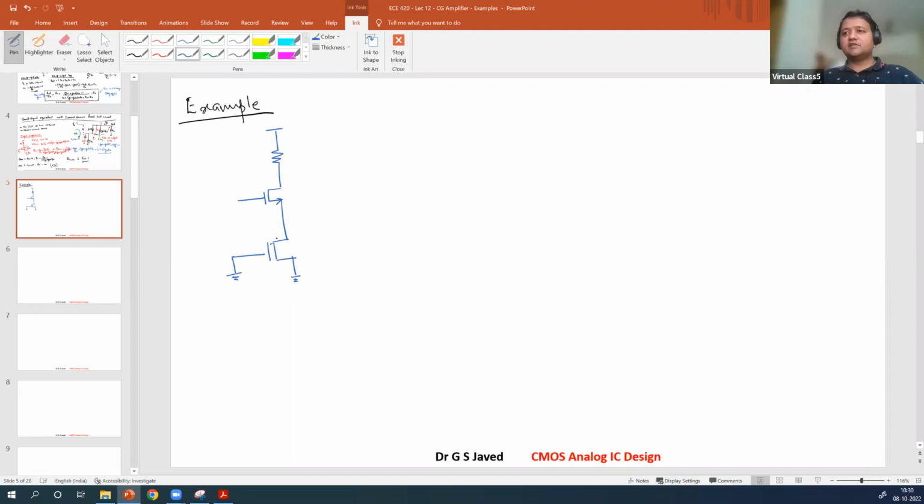What is that cascade? We have device M2 and device M1.